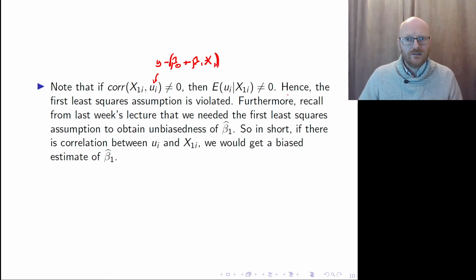So this means that the first least squares assumption is violated, and we need that to obtain an unbiased estimate of our sample slope, the beta 1 hat.